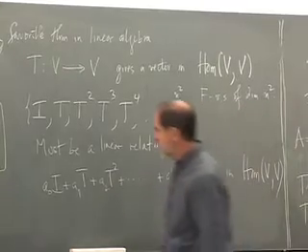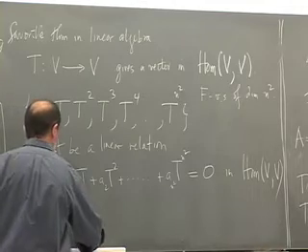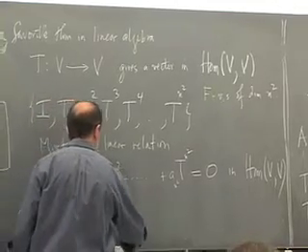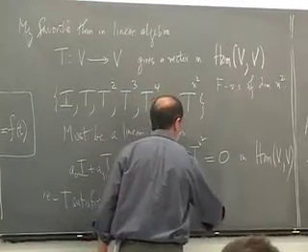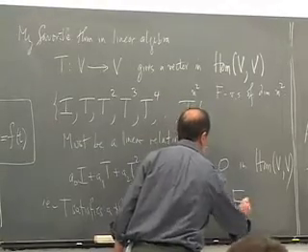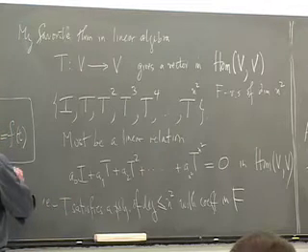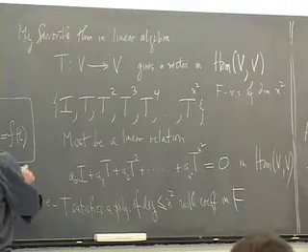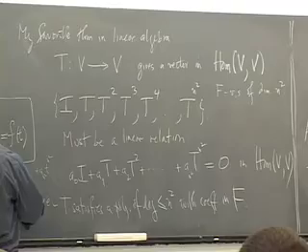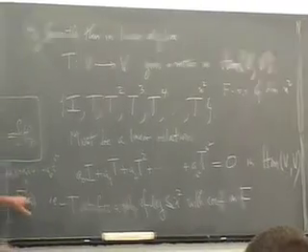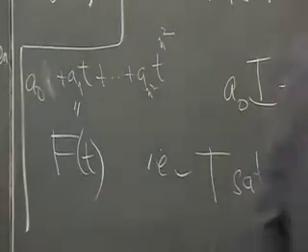In other words, T satisfies a polynomial of degree less than or equal to n squared with coefficients in the field F. Namely, if you took this polynomial a0 plus a1 t plus up to a_{n squared} t to the n squared, and you called that polynomial capital F of t, and you plugged in the operator capital T, it would give you the zero operator. This is the zero operator.